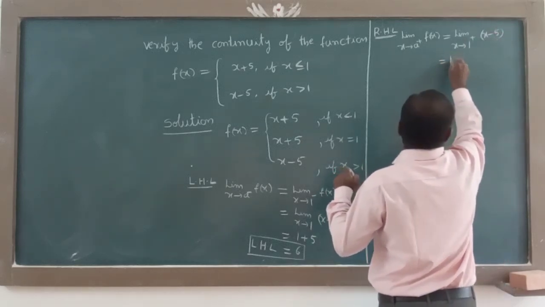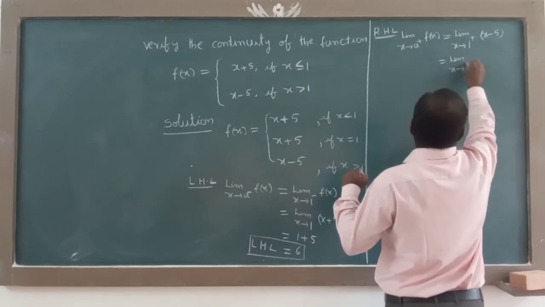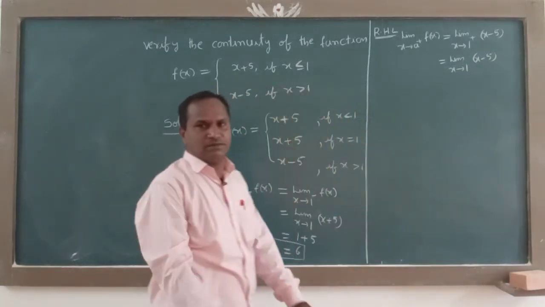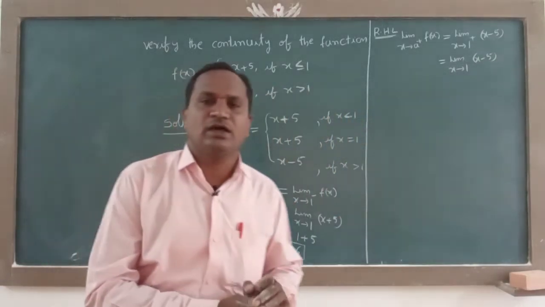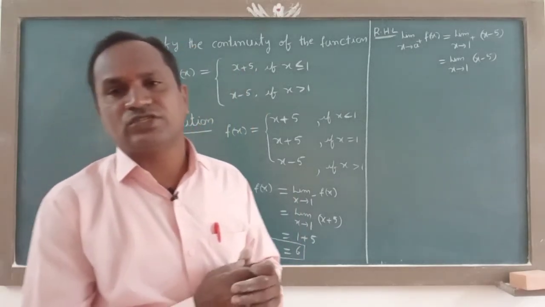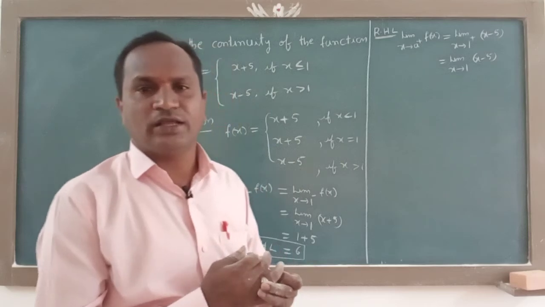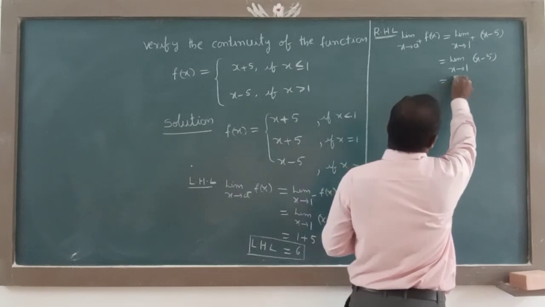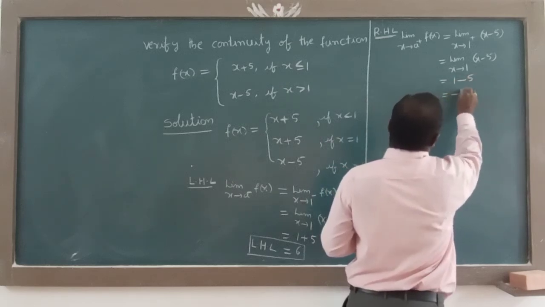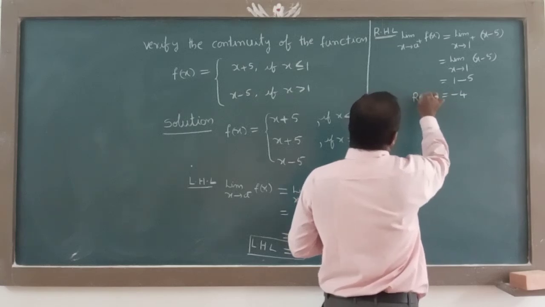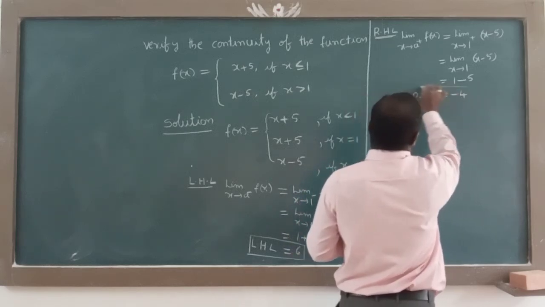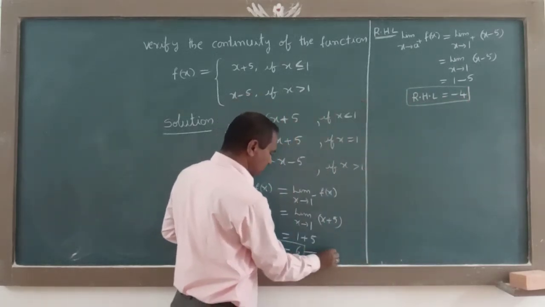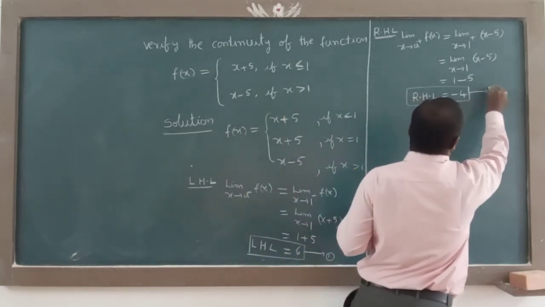Next step is limit x tending to 1 of x minus 5. Now remove the limit symbol. When you remove the limit symbol, instead of x we put that value. Like that, we proceed with the solution to this RHL. Then we get 1 minus 5 is equal to minus 4. We can write this as the RHL. We represent LHL as equation number 1 and RHL as equation number 2 here.